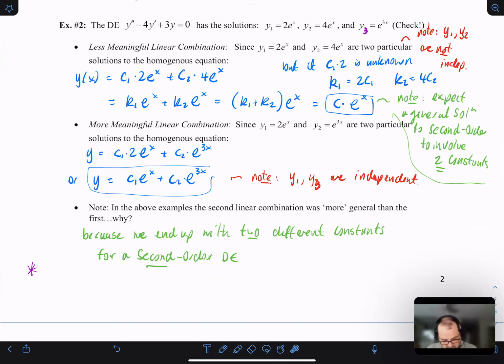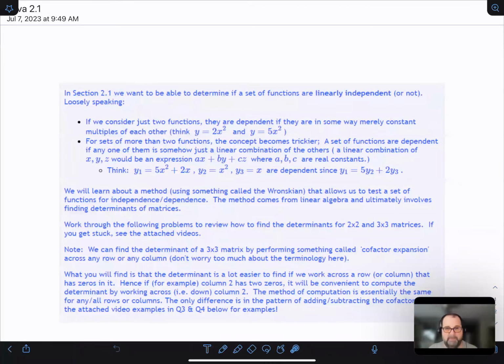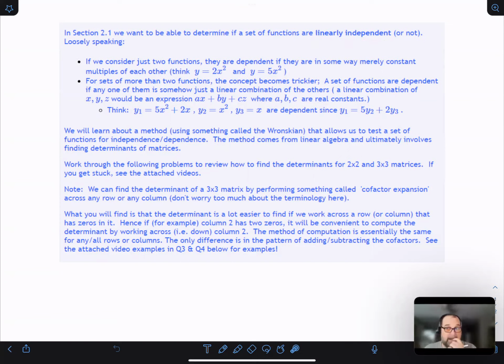And then we do have a little bit of prerequisite material to talk about. I think a lot of people at this stage in math have done this before, but we are going to. As we just discussed, we are interested in determining whether functions are linearly independent of each other or not.